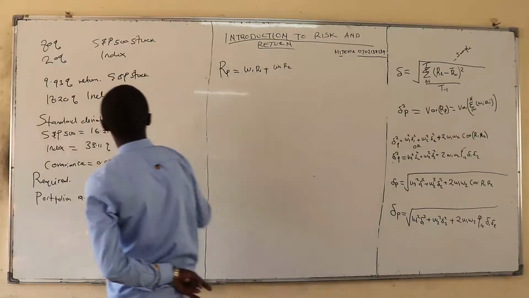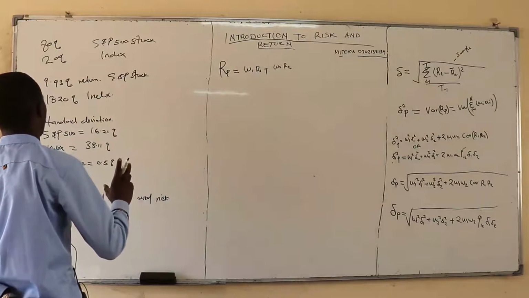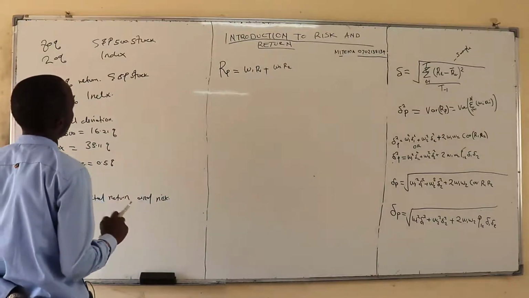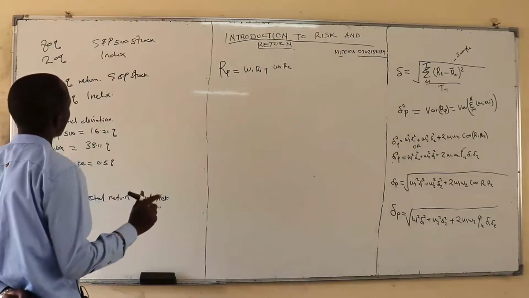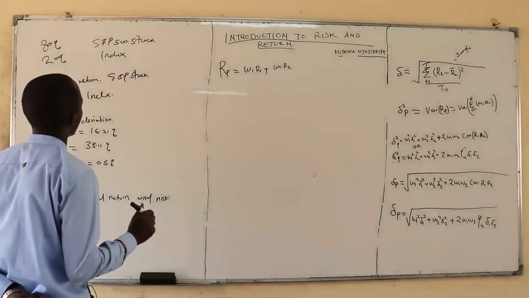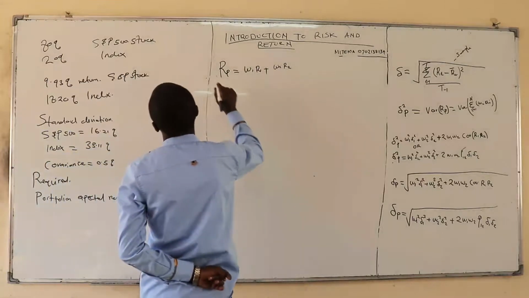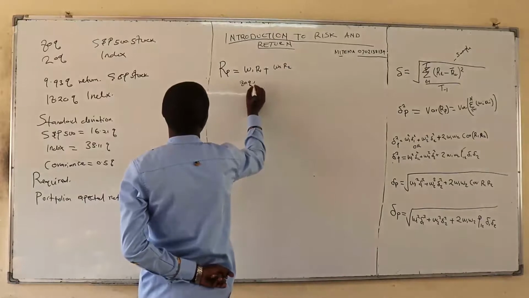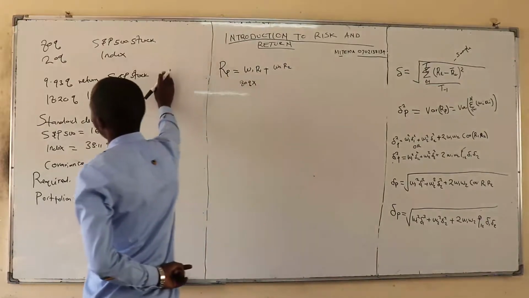In this scenario, you have only two assets and their weights add up to 100% because it's 80% and 20%.